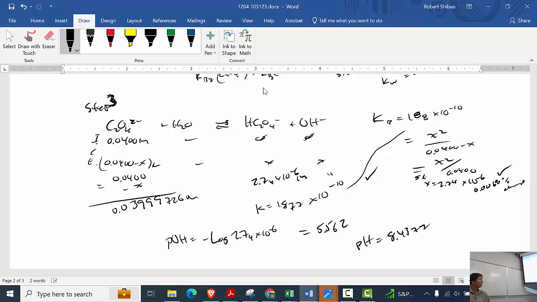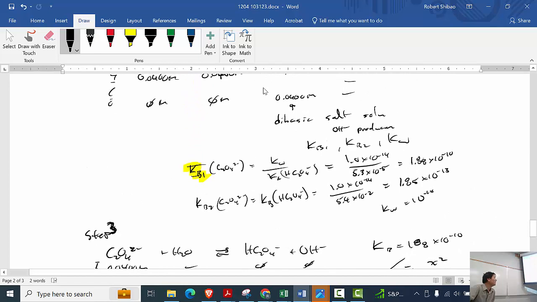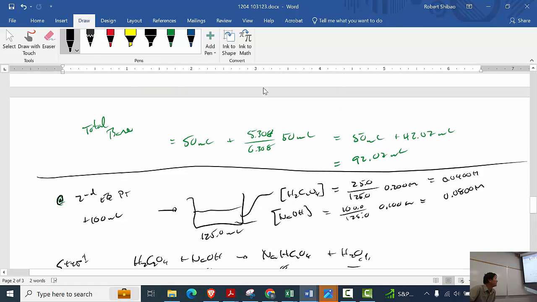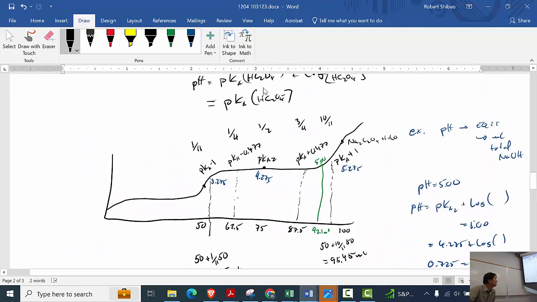It looks like I'll probably be allowed 2 sig figs, so I'm going to round the pH to 2 sig figs, 8.44. And so at the second equivalence point here, the pH is 8.44.